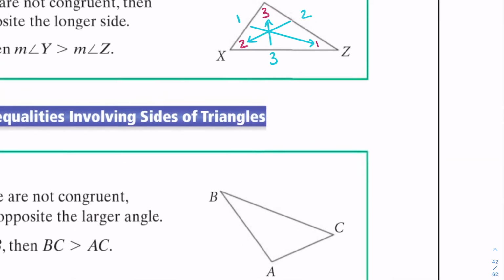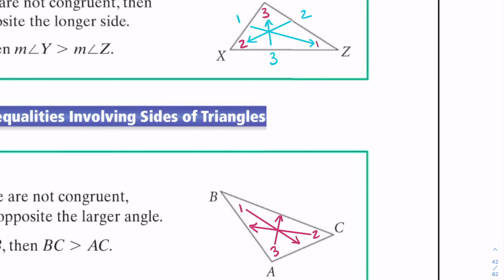This is smallest angle is going to be here, middle angle is here, largest angle is here, and that is going to be the sides that they are in a relationship with for lengths.